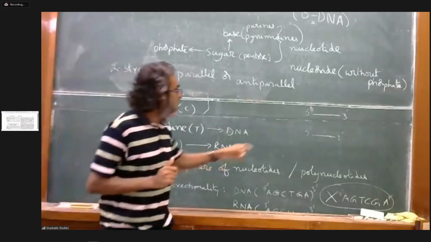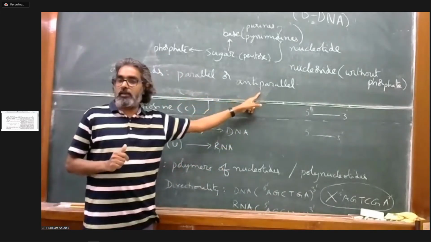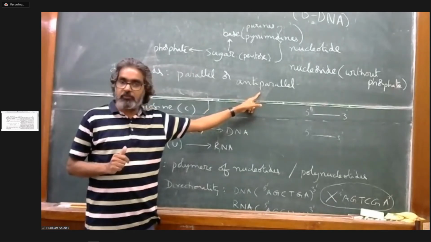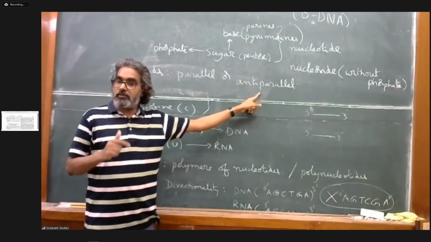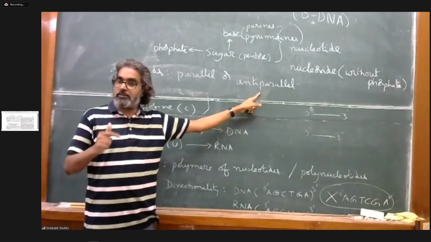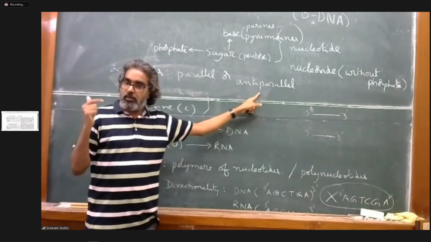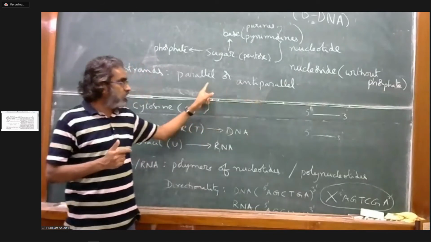When they tried these two combinations, the anti-parallel one automatically matched, not only in sequence, with A pairing with T and G pairing with C, but also in concentration. It explains why you need exactly the same number of T's as A's and the same number of C's as G's. That's how they decided.